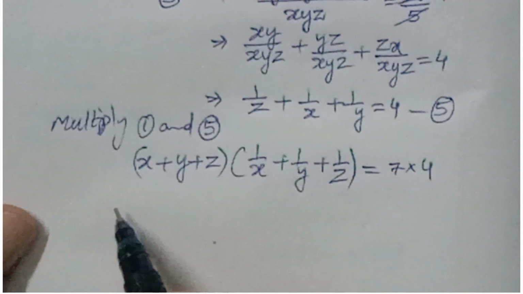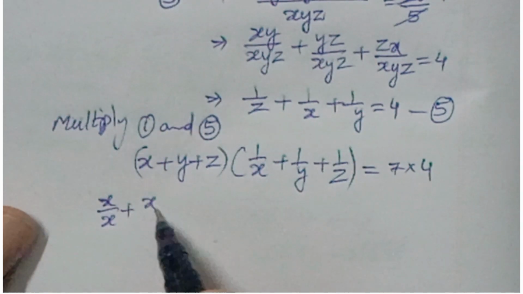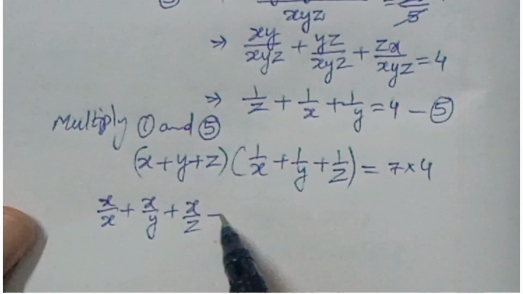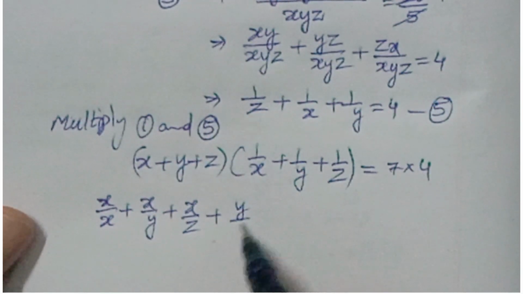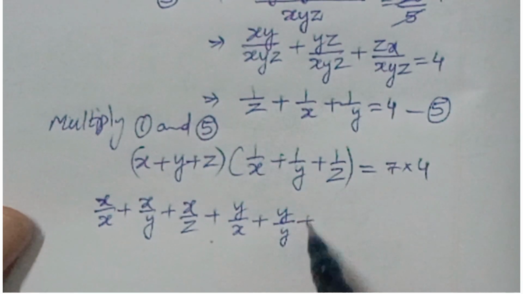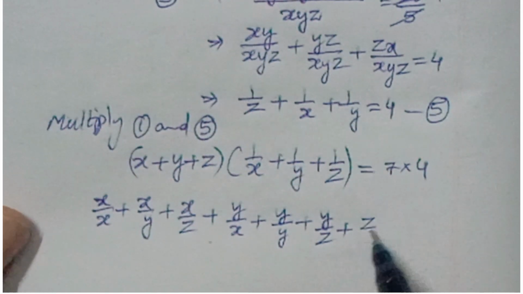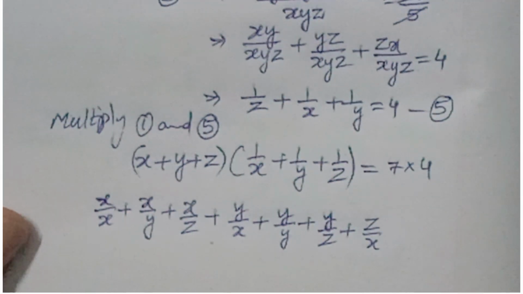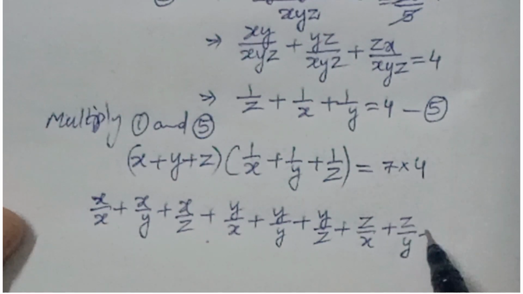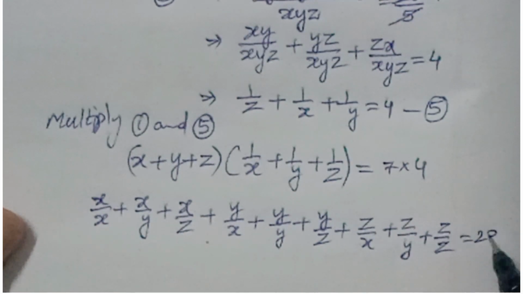If you multiply this, x by x plus x by y plus x by z plus y by x plus y by y plus y by z plus z by x plus z by y plus z by z is equal to 28.